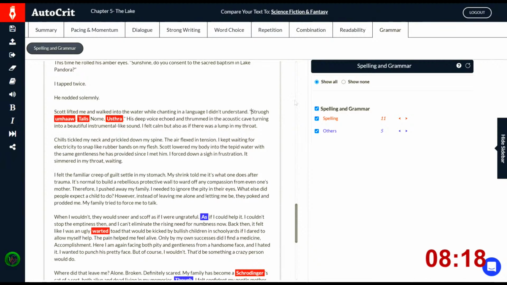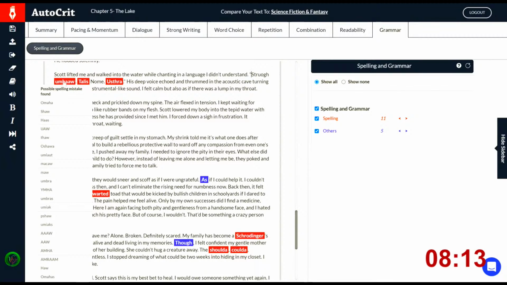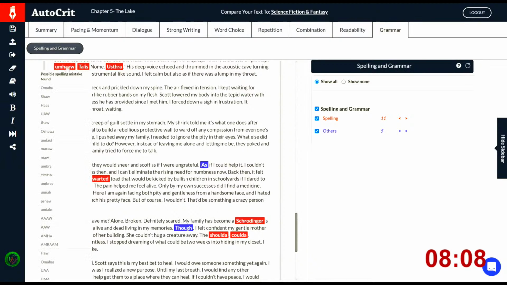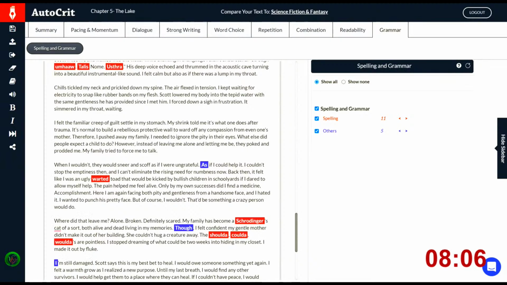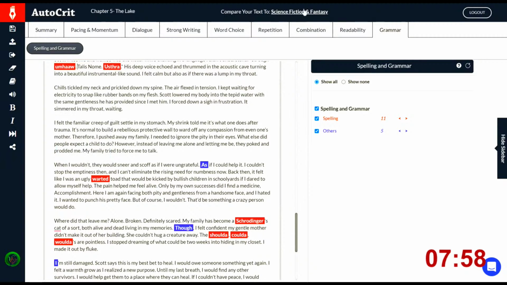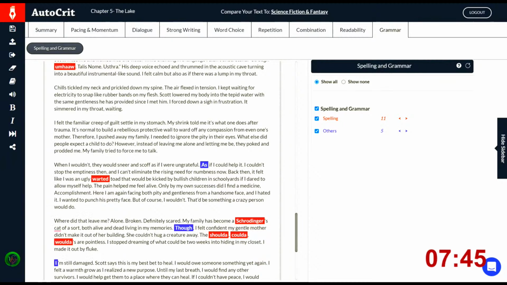Although there are some people that are really awesome with linguistics, it would be super cool to be able to work with that. All right, Talus, exclude from all reports. And Ustra, exclude. And I can't do this one because there's apparently a lot of things it could be, so I'm just going to click on it to ignore it.